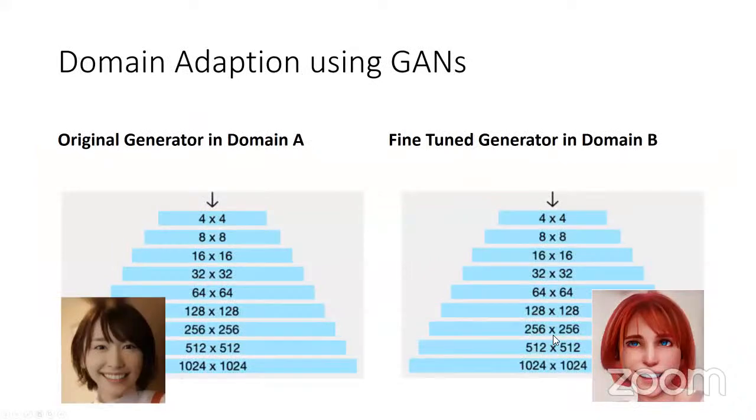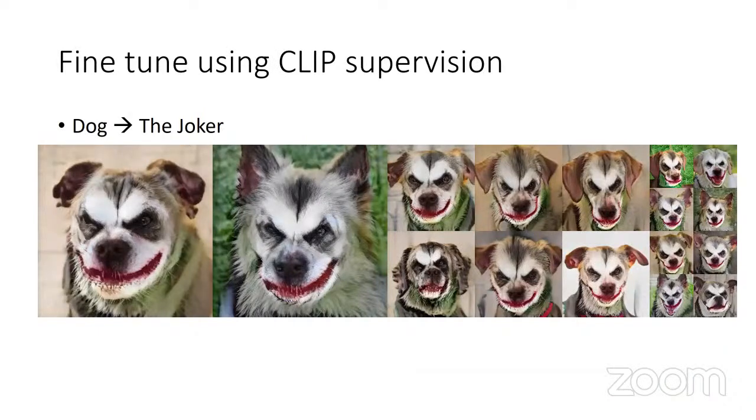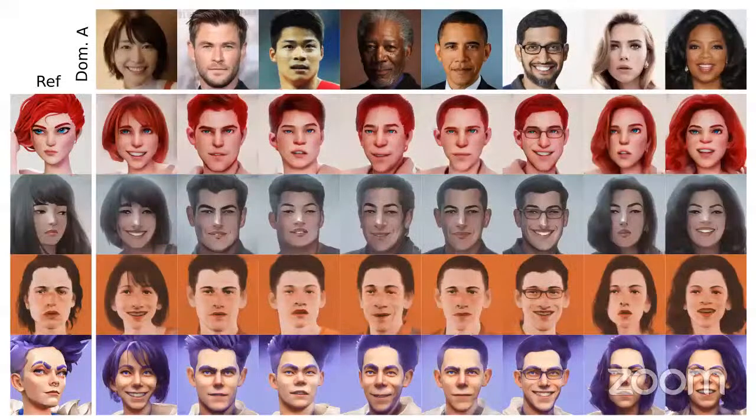This generator B should be fine-tuned such that the output is still similar. There should be a relationship between whatever the domain A generator outputs and whatever the domain B generator outputs, but the style should be taken from the text prompt, and this is done with some loss in CLIP space. We built on that for more classical single-shot domain transfer.